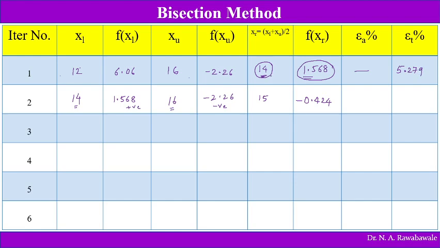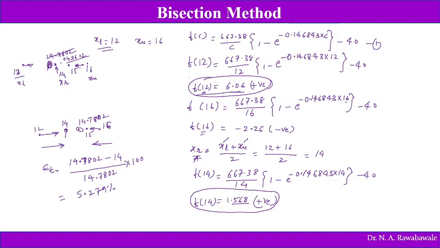Now we can find out approximate error. Earlier approximation was 14, new approximation is 15. So approximate error is 14 minus 15 divided by 15, into 100, which works out to be 6.66%.